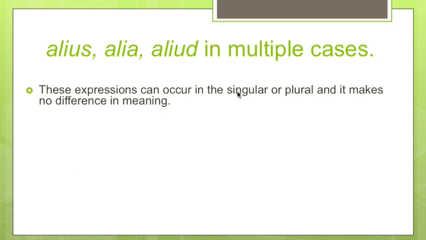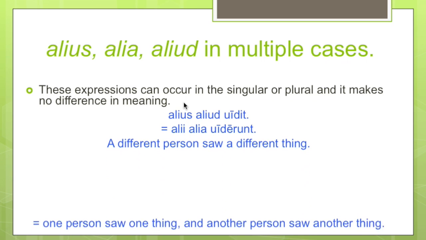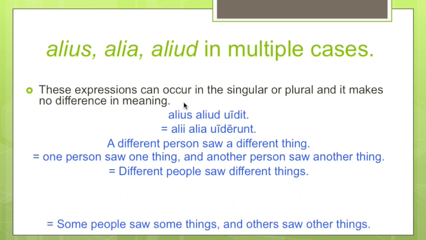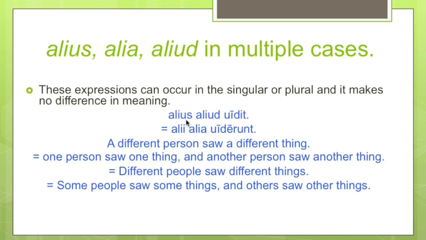These expressions can occur in the singular or plural, and it makes no difference in meaning. Here's an example. Alius aliud vidit, which we just saw, means a different person saw a different thing, or better translated perhaps, one person saw one thing and another person saw another thing.